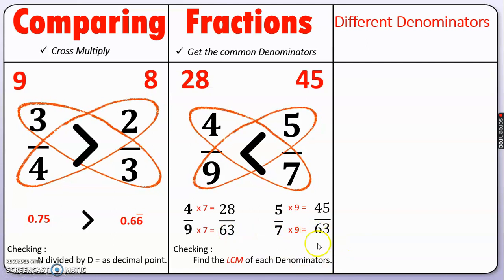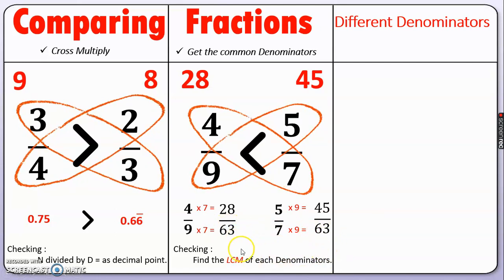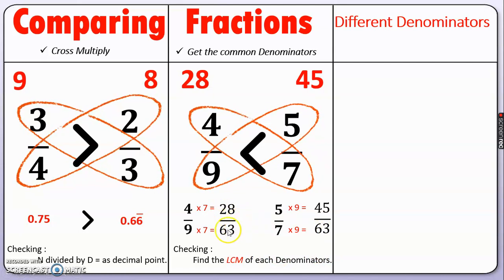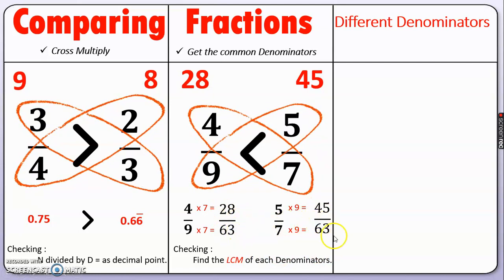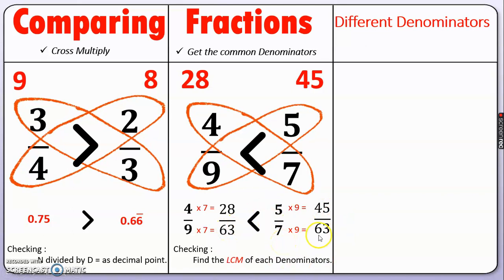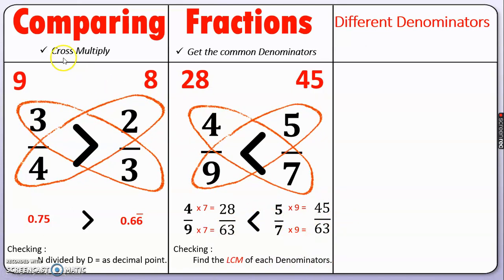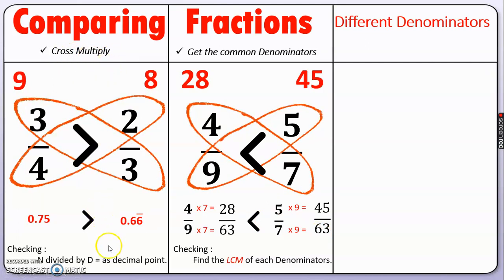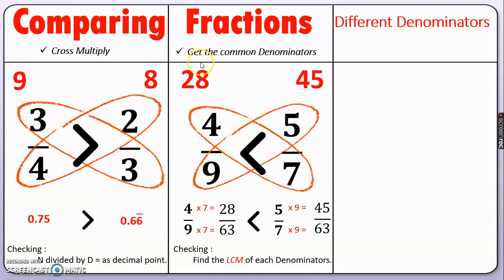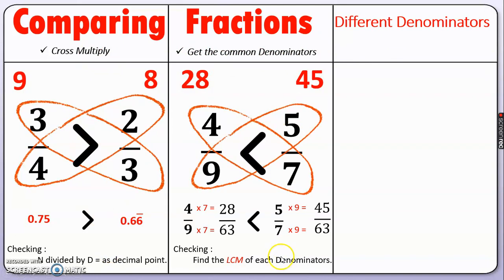So you can see now they have the same denominators, right? So which is greater, 28 over 63 or 45 over 63? Very good. 5 over 7, or 45 over 63. Do you understand, kids? Again, this is cross multiplying. This is to get the common denominators.